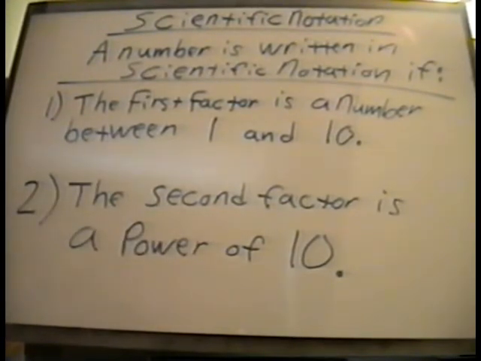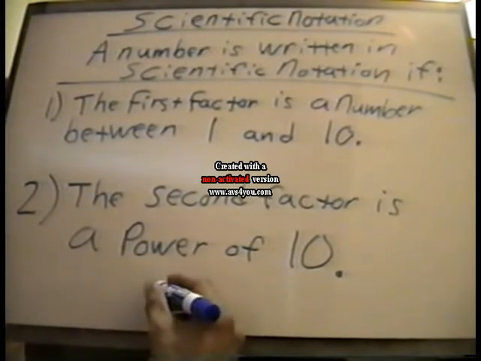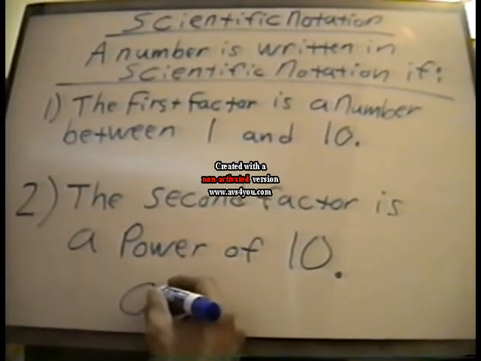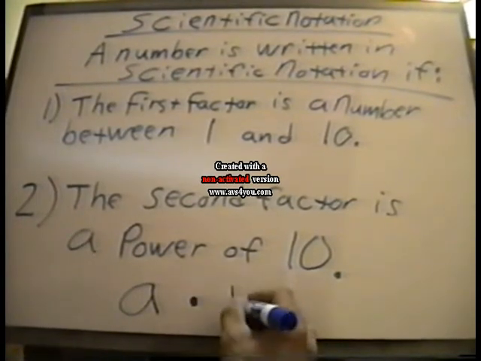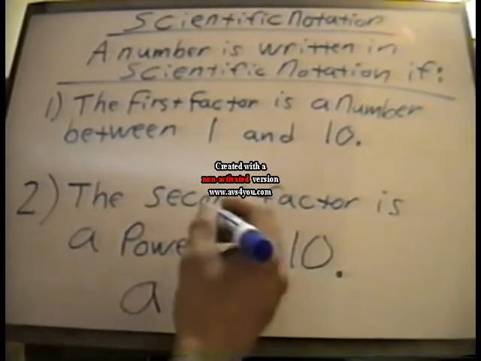So basically, a number is written in scientific notation when it takes the form a times 10 to the power of n, where a is a number between 1 and 10. It could be a decimal number.